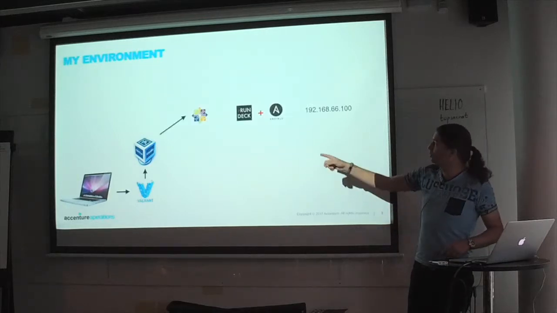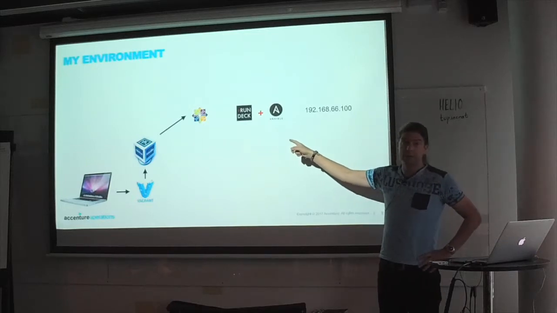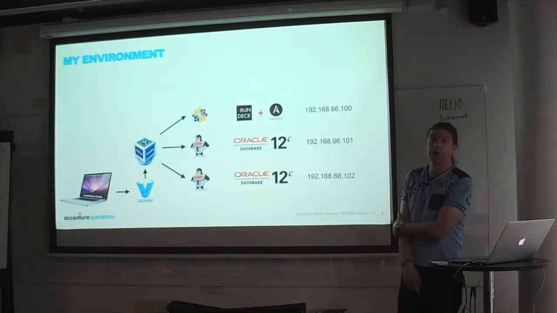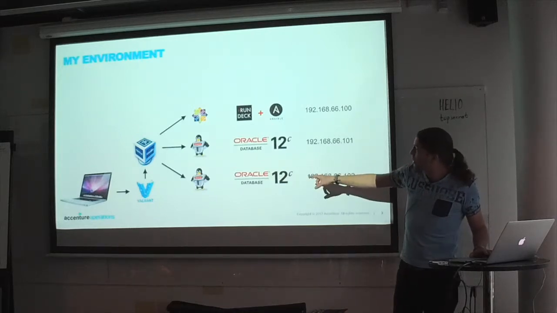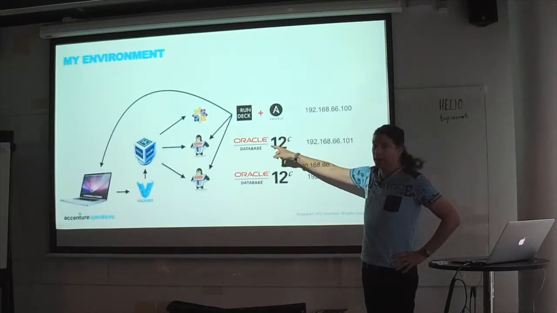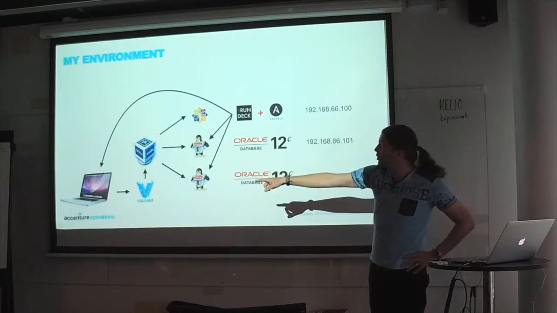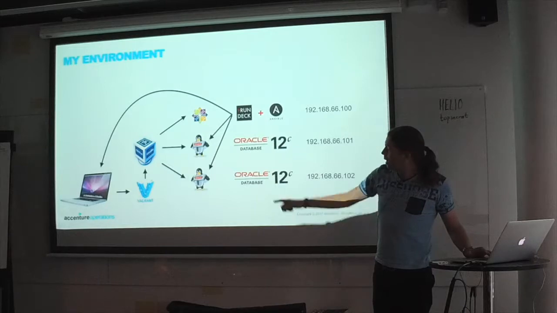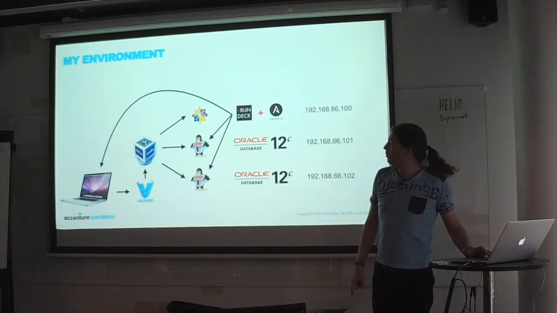And using VirtualBox, I'll be having a CentOS host which runs Ansible and RUNDECK. And then I have two hosts on which I will install the Oracle database. And these Oracle database hosts are instrumented via RUNDECK, and actually I have RUNDECK go back to my laptop originally, and on my laptop it will instruct Vagrant to do stuff.